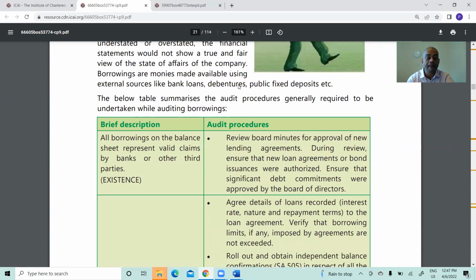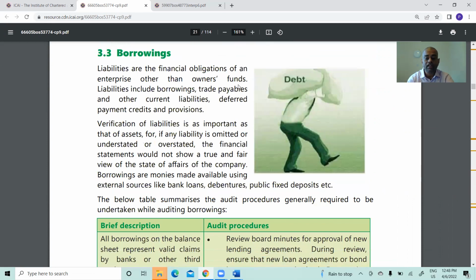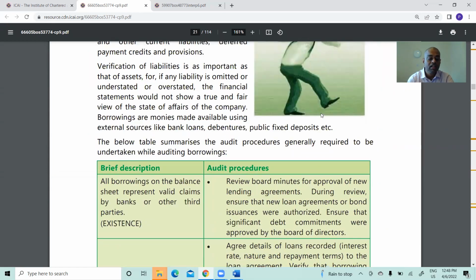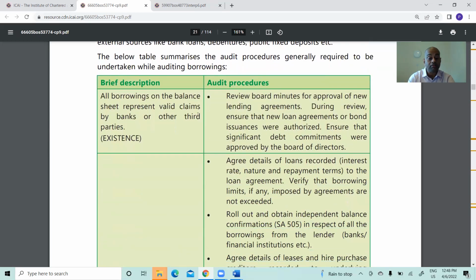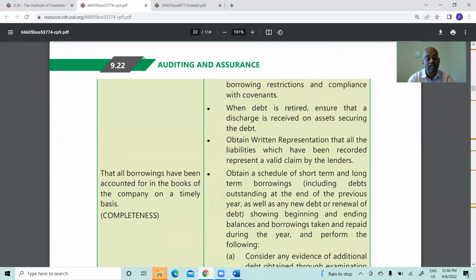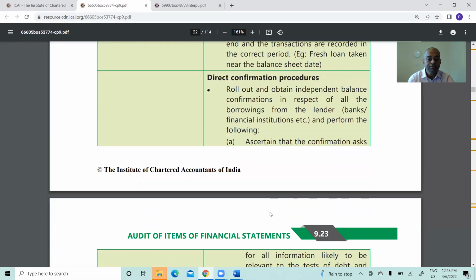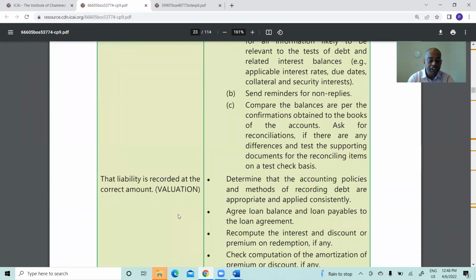Then borrowings. ICAI has given one beautiful diagram copied from the internet. They give the source also at the end: we have taken this diagram from so and so. Then again, debt, existence. What is the second one? Completeness. What is the third one? Valuation.